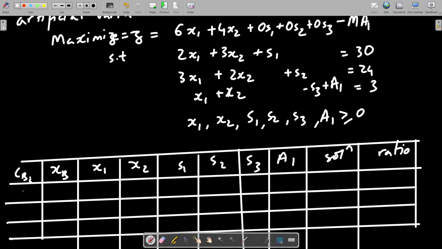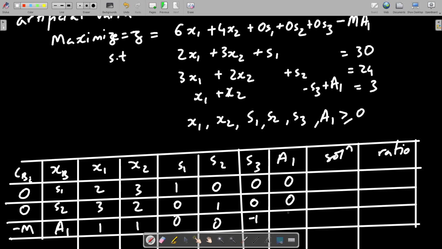Here we have 0, 0 and minus M for the last one. XB over here is going to be S1, S2 and A1. These are the ones that give you the identity columns of the identity matrix. So 2, 3, 1, 3, 2, 1, 1, 0, 0, 0, 1, 0, 0, 0, minus 1, 0, 0, 1. The solution will be 30, 24, 3.